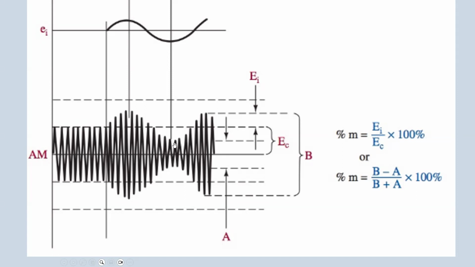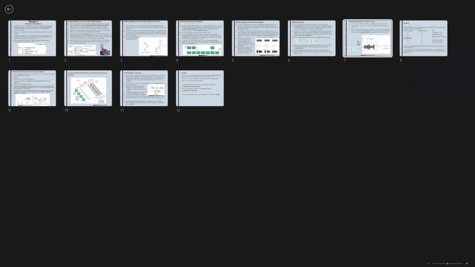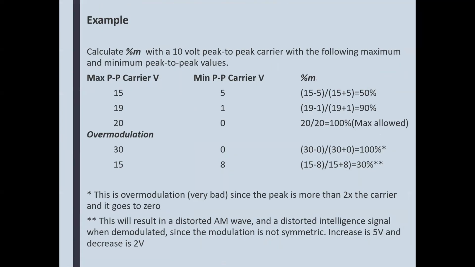There's certain names for that, I'll tell you later. The maximum value here, minimum value right here. If you apply this formula, you're also going to get a modulation index, which we're going to apply in practice.